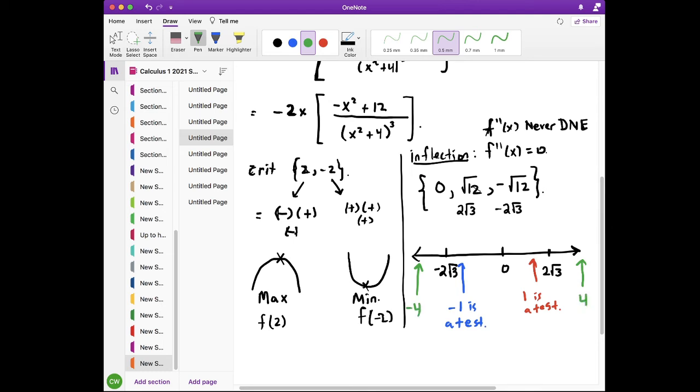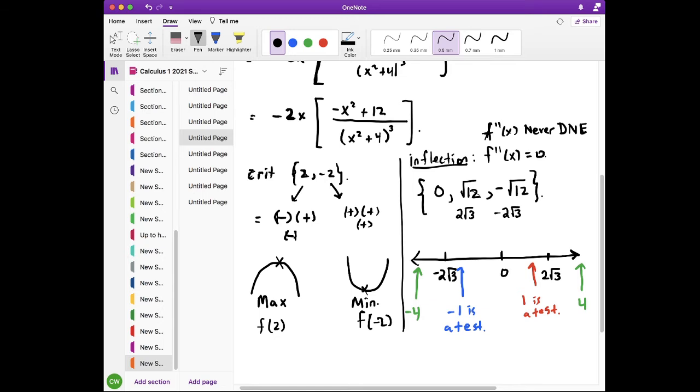Radical 3 is less than 2, so you can just round up to 4. Okay, so let's do the test values. Let's plug in 1. In the first factor, it's negative. In the second factor, it's positive. Plug in negative 1, you get a positive and a positive. So boom, we already have an inflection point. So 0 is an inflection point.